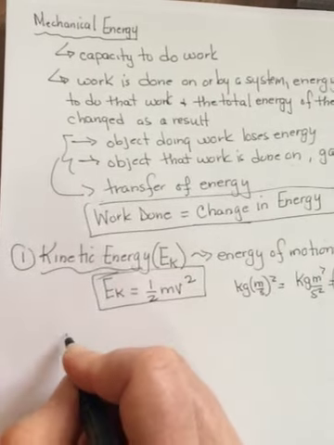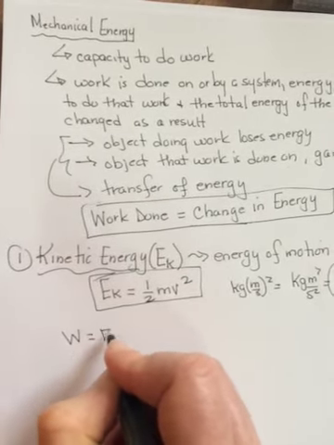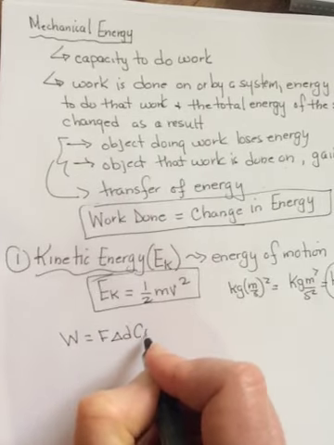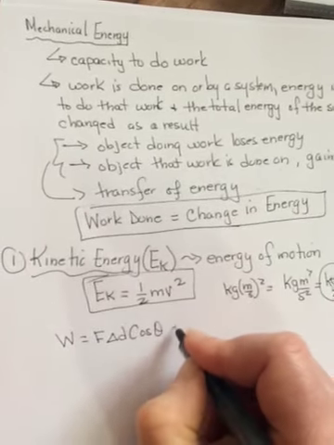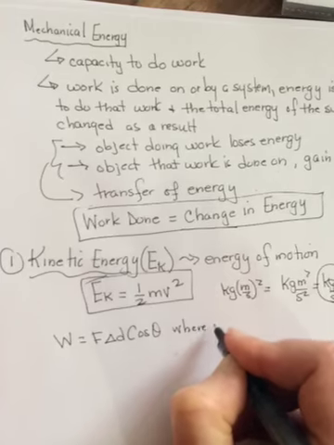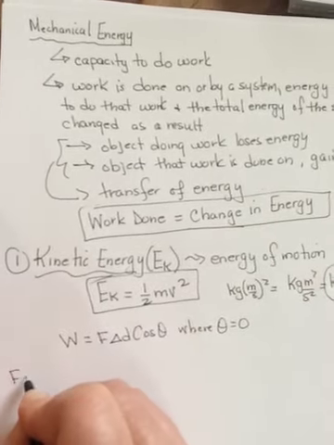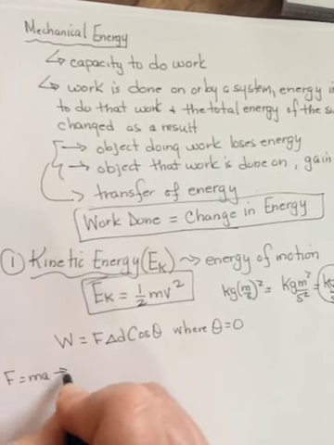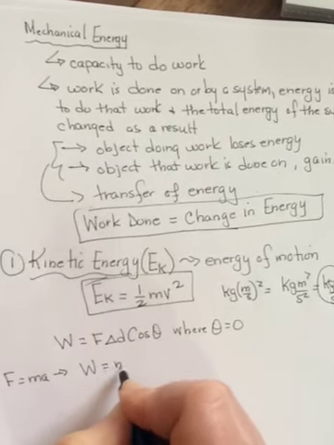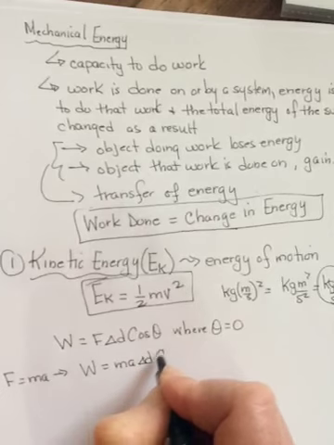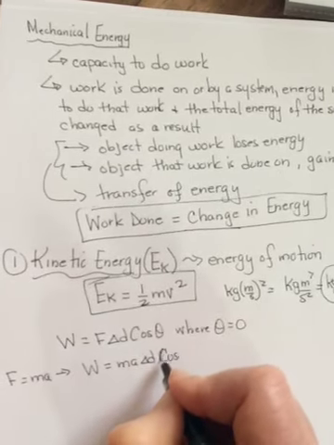So if we go back to work done, we know that work done is equal to F delta D cos theta. And let's assume that theta is 0. Okay? Well, we know that F is equal to MA. So then this would become MA delta D, taking the cos theta out.